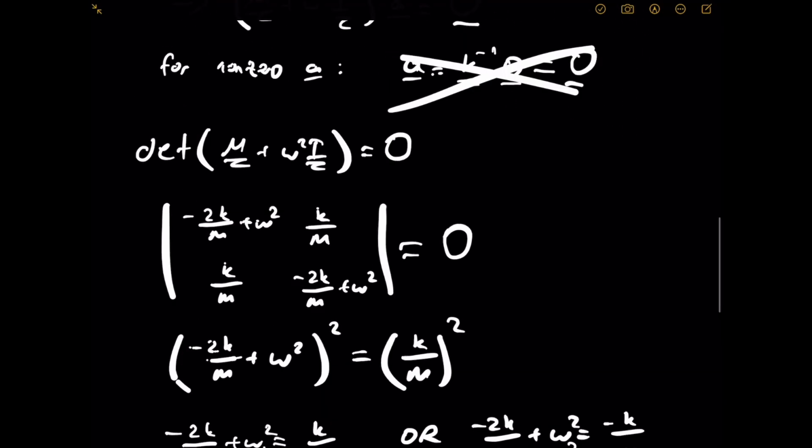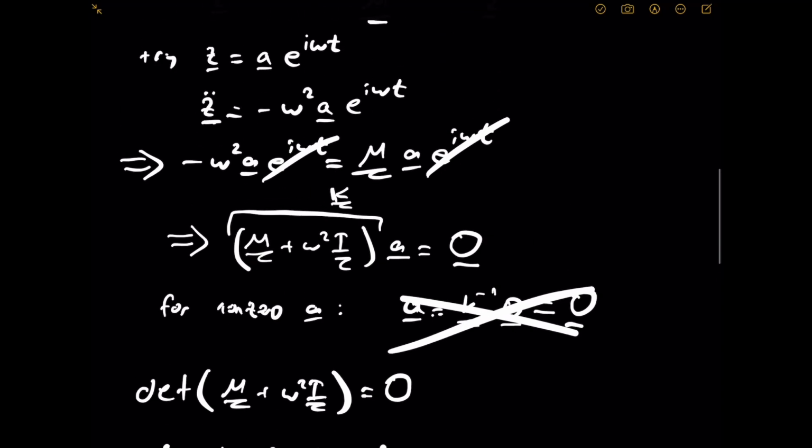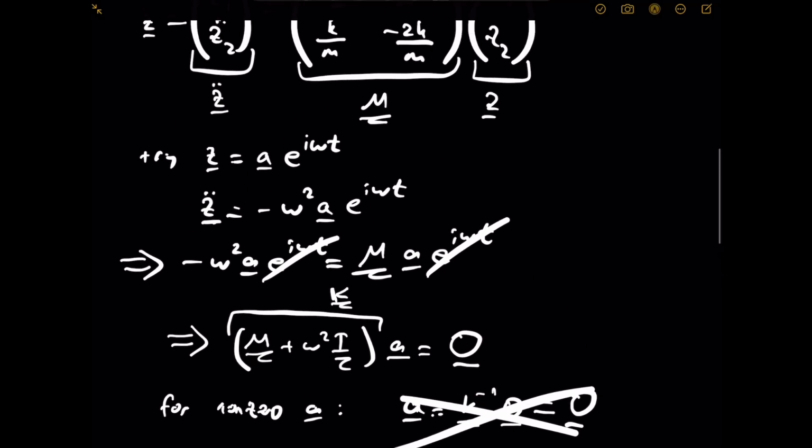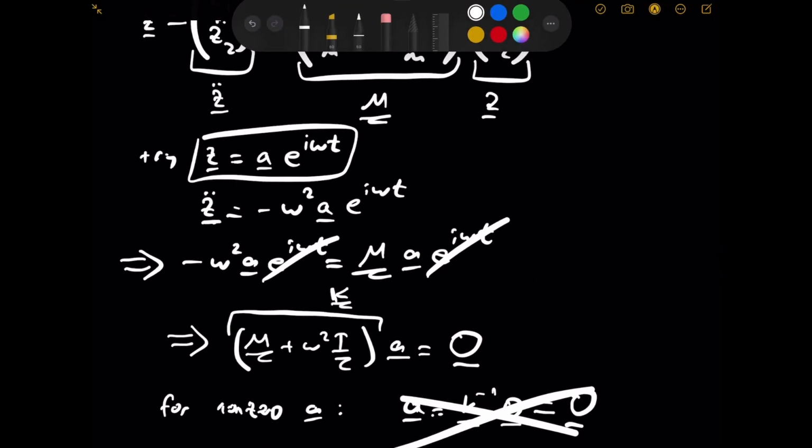We will just go back to the solution we had. So we guessed this was the solution, that was a trial, and we found omega, but the missing thing is what A is. And A is going to describe the amplitudes.